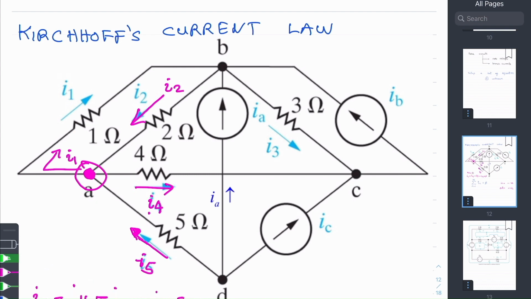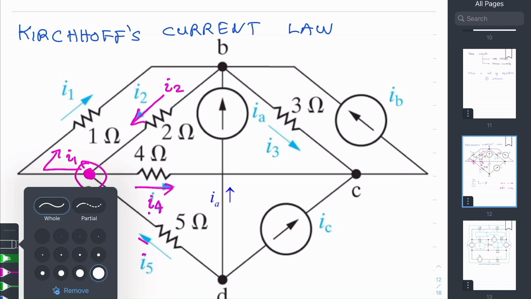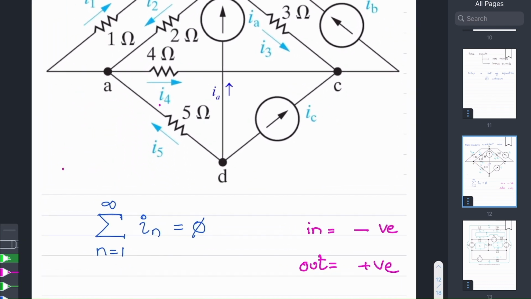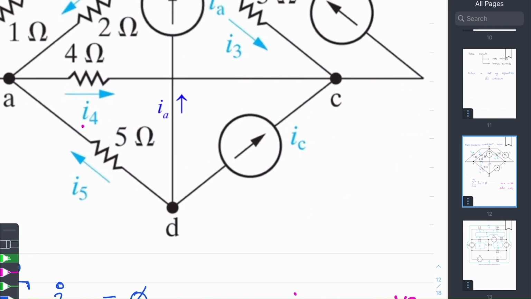Let me write it down a bit more clearly here, and then we look at the example of D. Let's look at another node, D, and apply KCL. Kirchhoff's current law at node D, right? We look at the currents that are leaving.